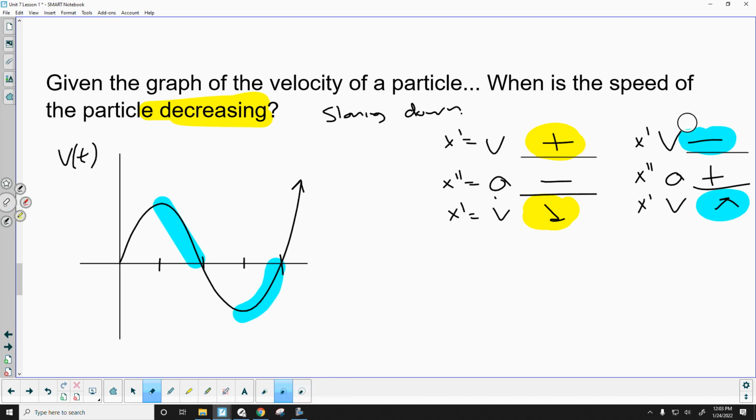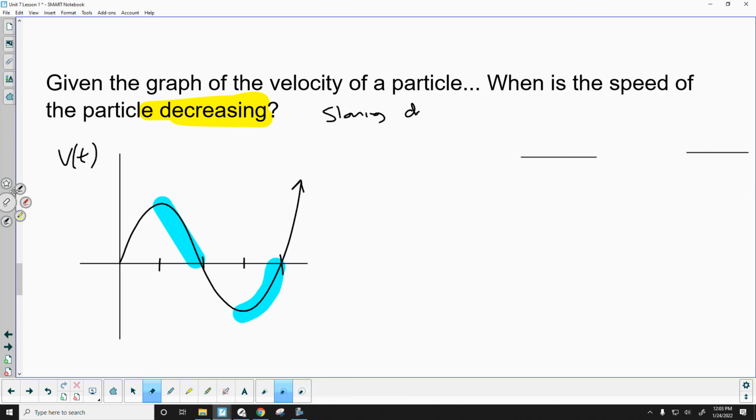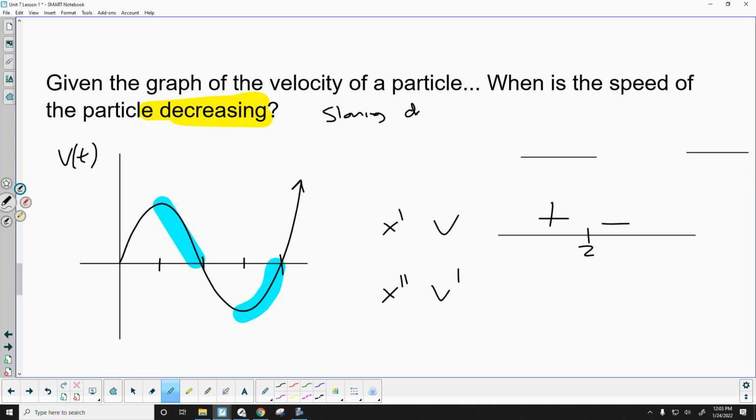The other way is to do the analysis of V and the analysis of A, which is V prime. V is positive until 2, negative until 4, positive after that. Oh, we still got 3 minutes. I'm not done yet. And then V prime, which is A, slopes of V, or V's direction.